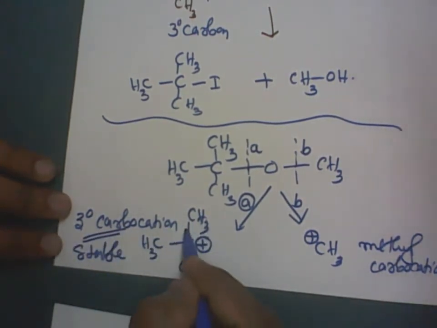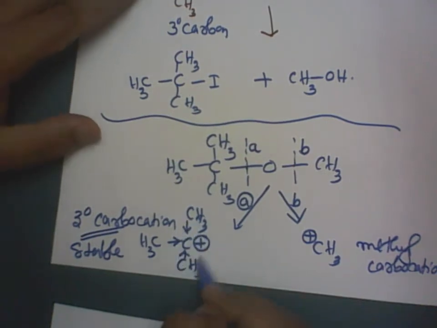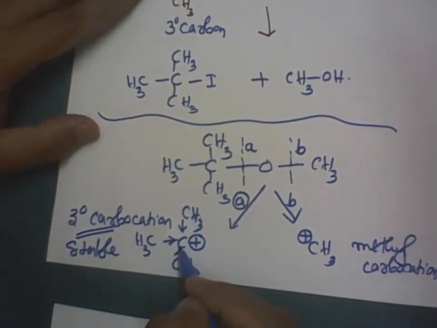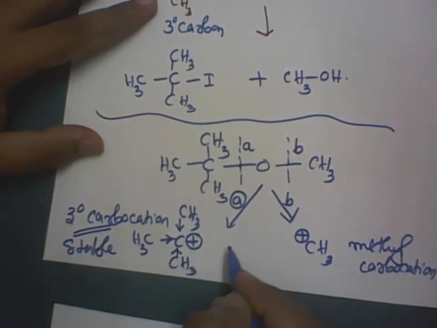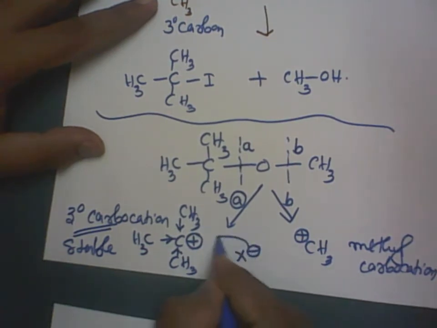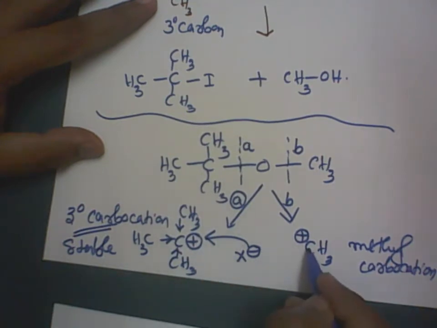It will be stabilized by the plus inductive effect or the hyperconjugation effect. Clear? Therefore, the nucleophile I minus easily attacks which one? The tertiary carbon atom, not the primary carbocation, not the secondary carbocation, not the methyl carbocation.